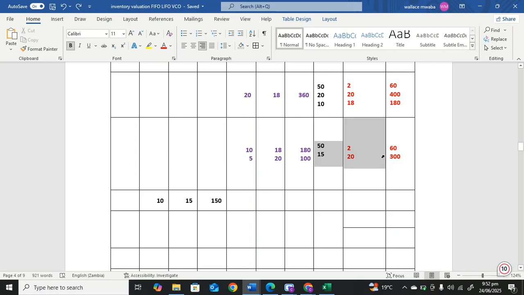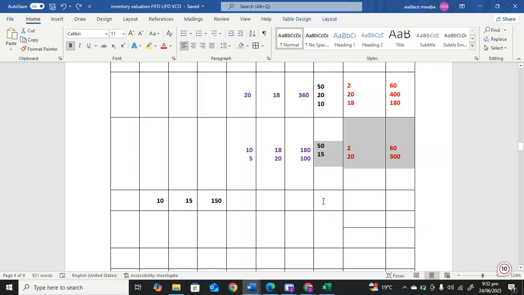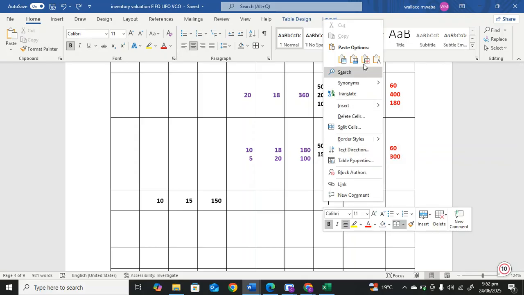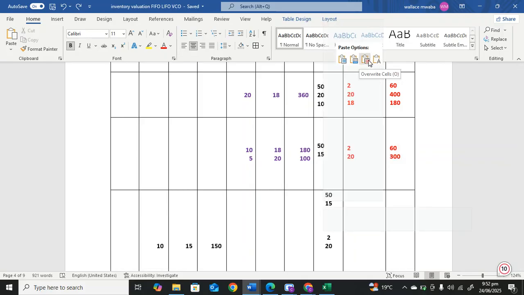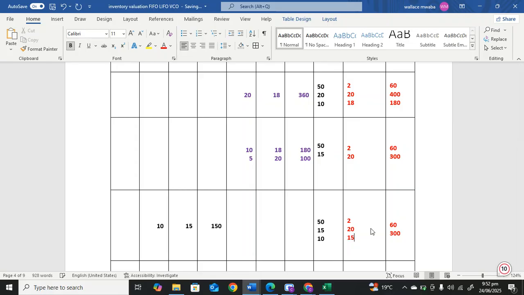So here on our balance section, you're going to put 10 units, 15 kwacha, 150.